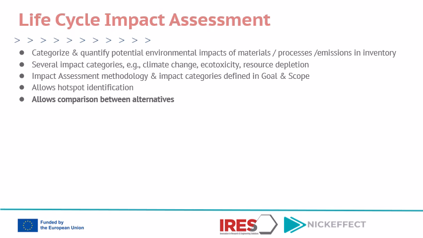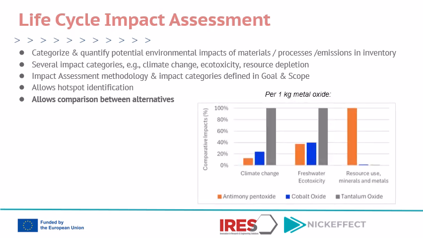Life cycle assessment also allows us to compare between alternatives of different materials. So, for example, here I show you the impacts of 3 different possible metals that one could use for the development of electrocatalysts, and what are their comparative impacts over 3 impact categories.